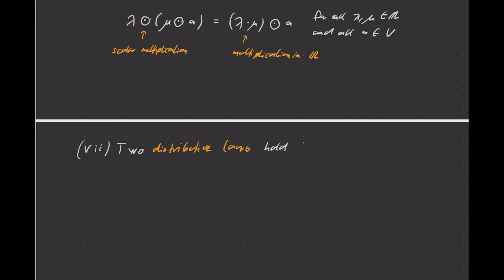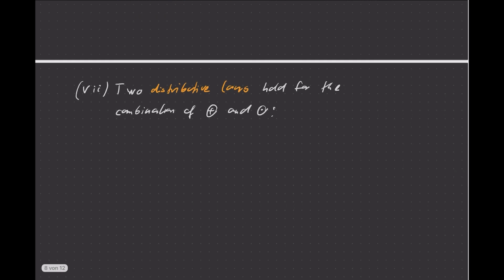Hold for the combination of this vector addition and the scalar multiplication. And those distributive laws are the following. The first is for the addition of two scalars and then the multiplication of the result with a vector.